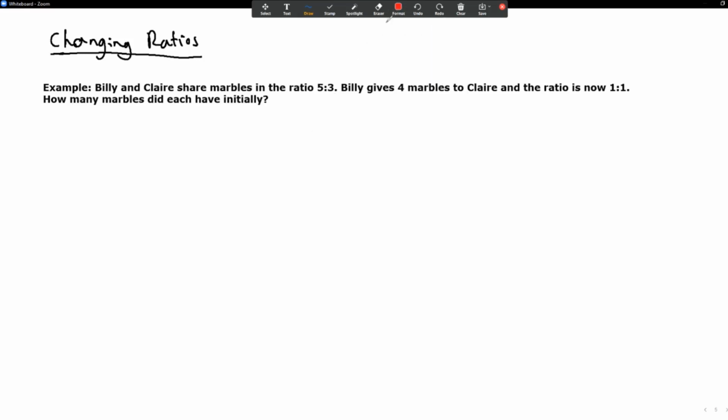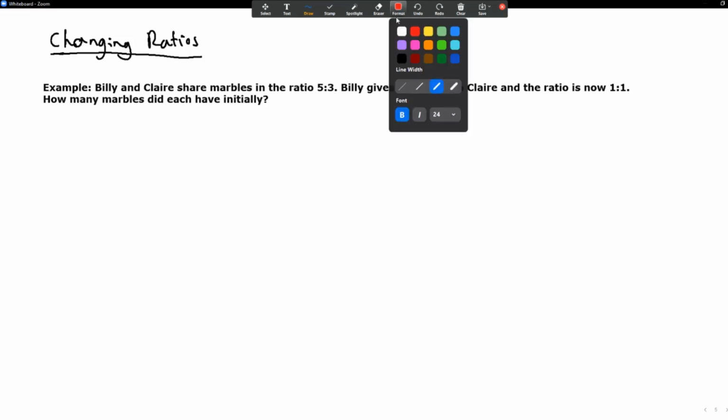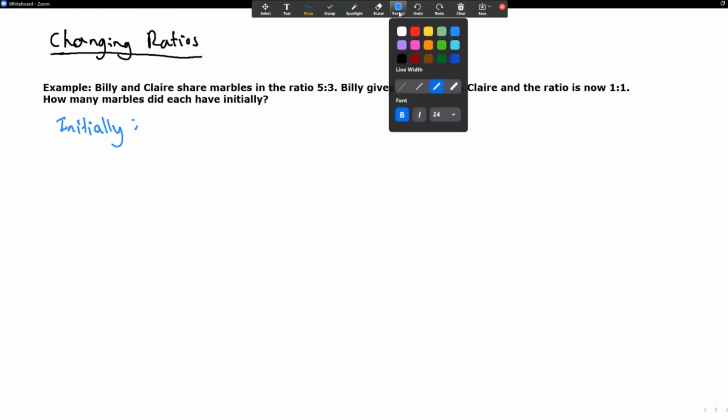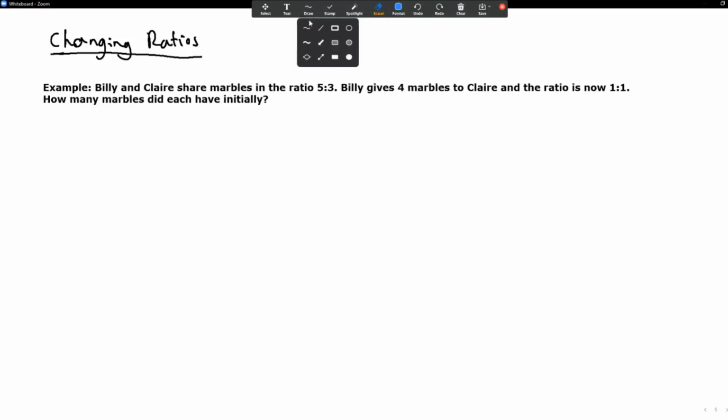So, when you're tackling this, it's always nice to use algebra. So we say, first, before, Billy has 5x marbles.